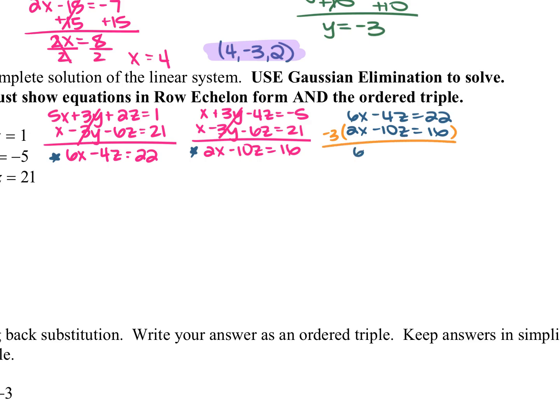So that'll leave us with 6x minus 4z is equal to 22, and -6x plus 30z is equal to -48. From here, we are going to combine like terms. Your x's cancel. You're going to be left with 26z is equal to -26.